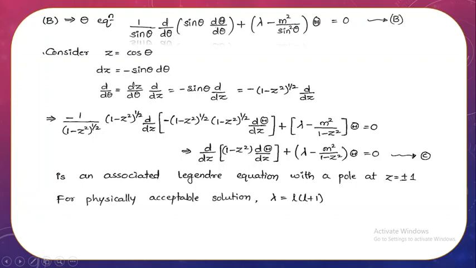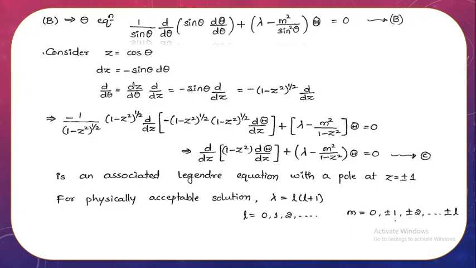So if there should be any physically acceptable solution for this Legendre polynomial equation, then we say that lambda is taken to be equal to L into L plus 1, and L has the values 0, 1, 2, 3 and so on, whereas M is represented in terms of L as M equals 0, plus or minus 1, plus or minus 2, and so on up to plus or minus L. So M is the magnetic quantum number.